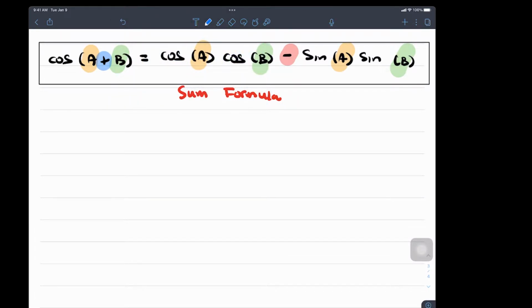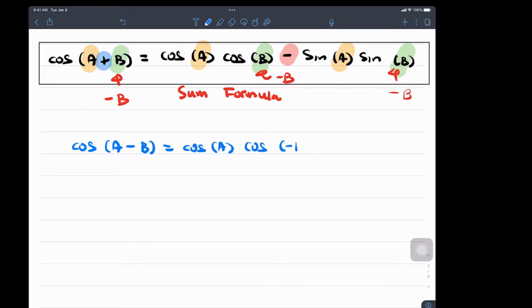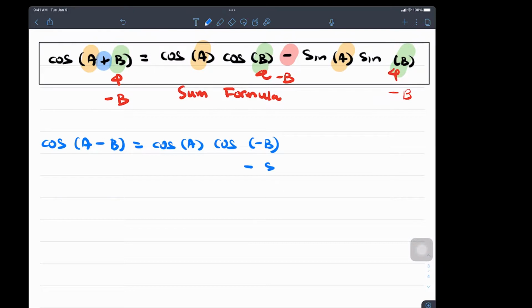If we now replace this B with minus B, what you end up getting is cosine of A plus a negative B, which becomes cosine A cosine minus B, minus sine A sine of minus B.